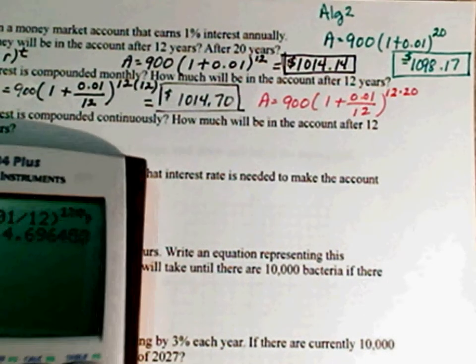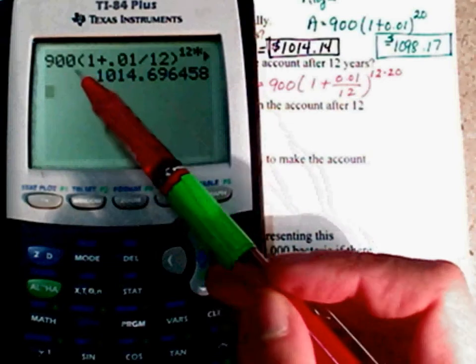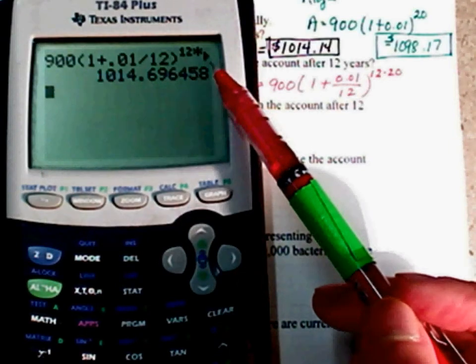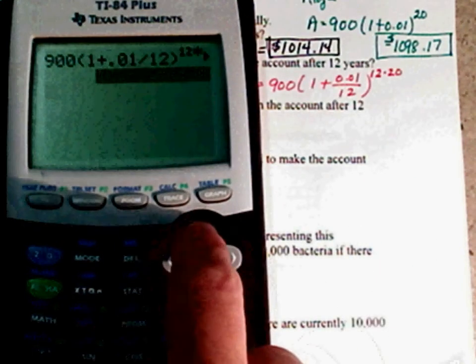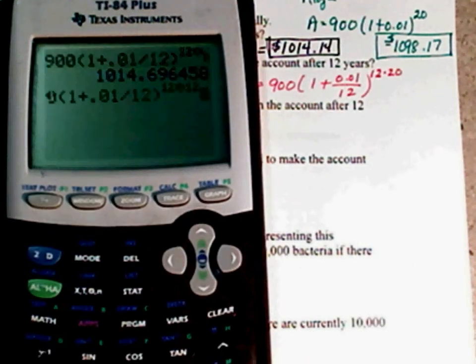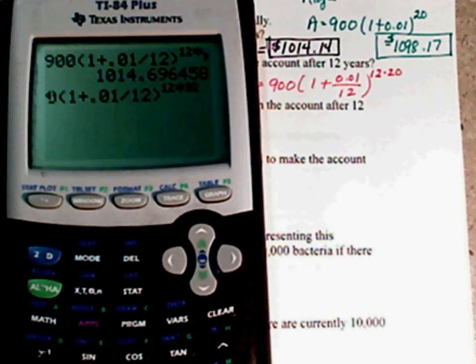Do you see how I already typed everything already? But I'm only changing one number, right? Let me show you what you can do. If you go up and hit enter, you see how I just retyped it for you. Then back click, instead of 12, what am I going to put in its place? 20. That kept you from having to retype all that.